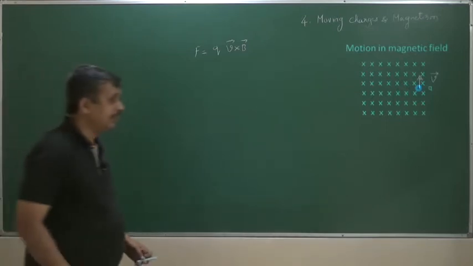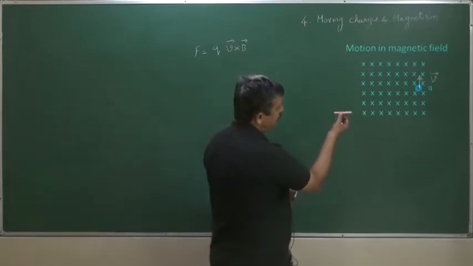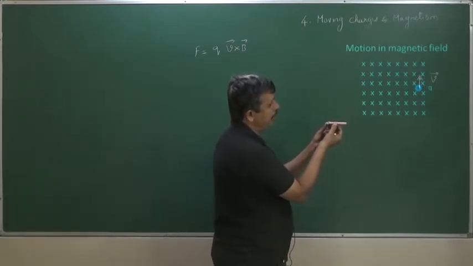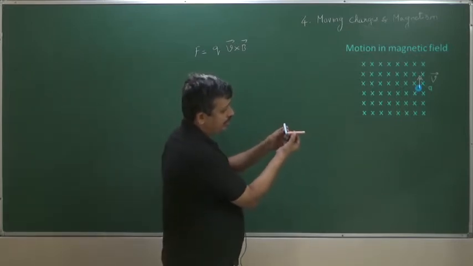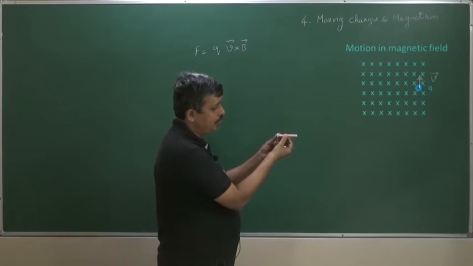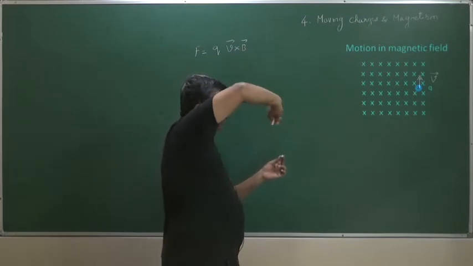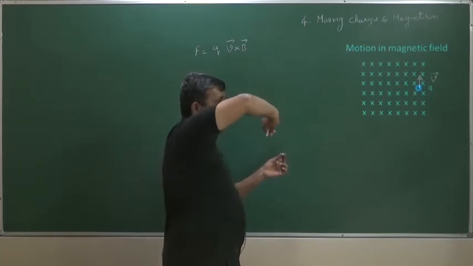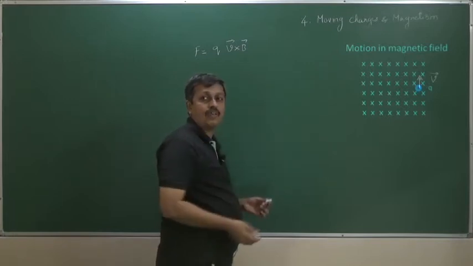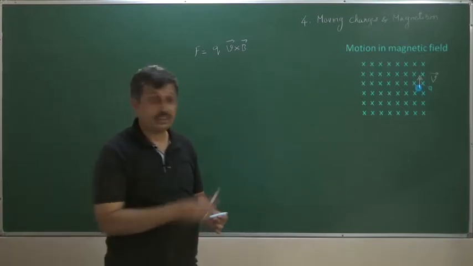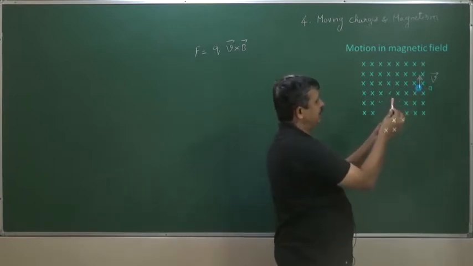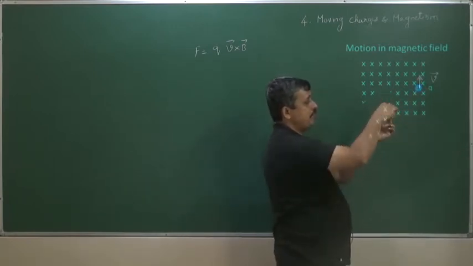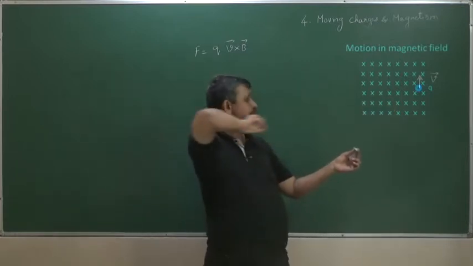This is the direction of v, and this is the direction of B. I am just turning it like this, v and B. So, v cross B, when you do, it turns like this. So, what is the direction of the force? Sorry, this is v, you can see here, and this is B. So, v to B, when I go, v cross B means it comes this way.